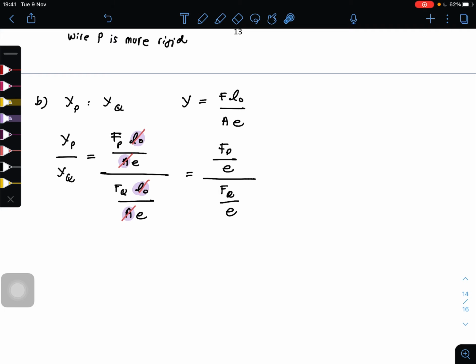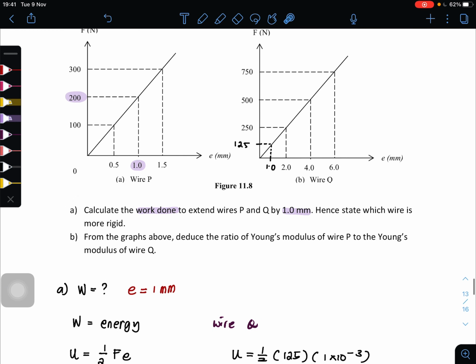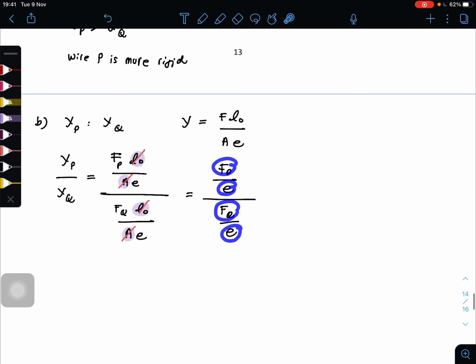Apabila kita decide a value for force ni, elongation mesti sama. So kita gunakan apabila elongation 1 mm. So untuk wire Q, force 125, untuk wire P, force adalah 200. So these two must be the same, kita gunakan E sama dengan 1 mm.